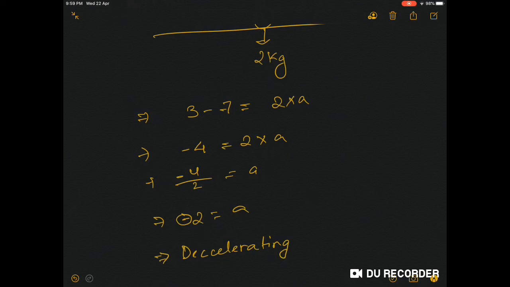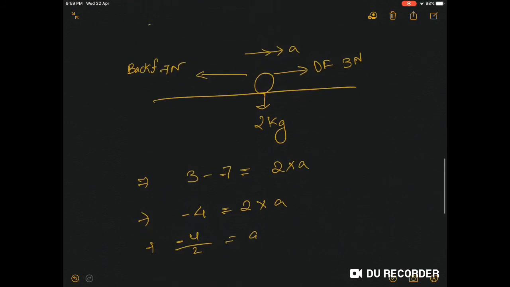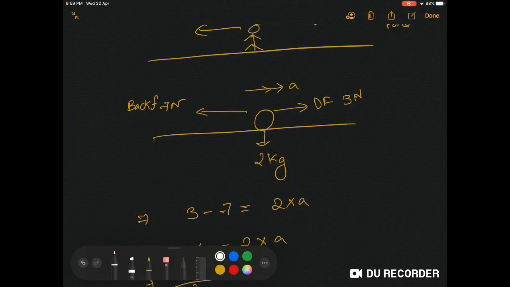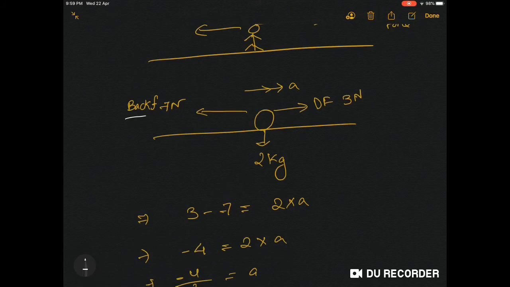Now, I know it's a bit confusing. So what happened here is that this is my backward force, which is air resistance or friction. If I have to walk forward, I have to overcome this 7 Newton force.